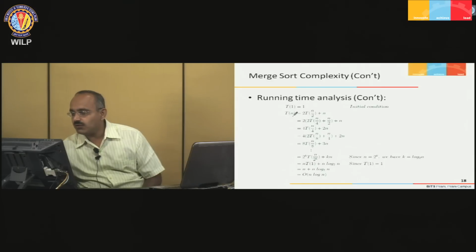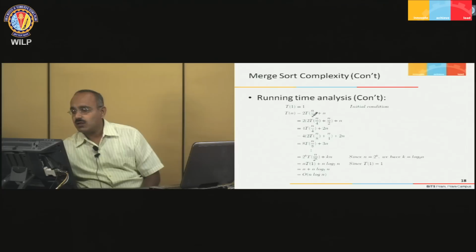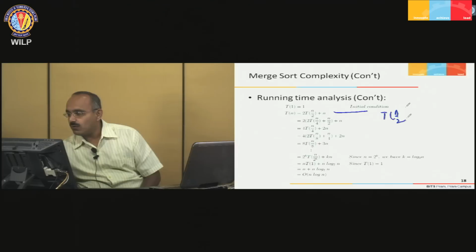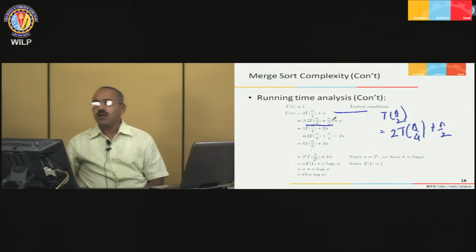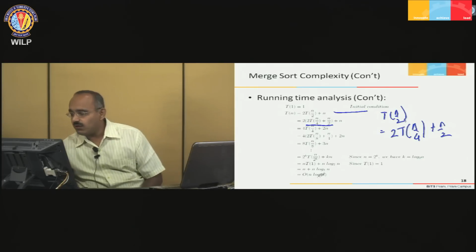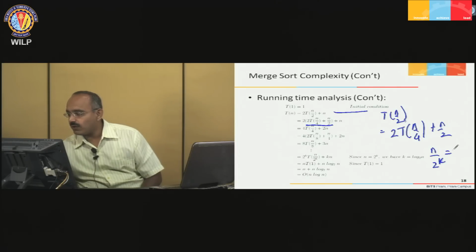You keep on substituting the same equation for T(n/2). For this, I know T(n/2) is going to be equal to 2 T(n/4) plus n by 2. So, instead of T(n/2), you put this particular thing, and you keep on doing this until you have n upon 2 power k, which is 1.